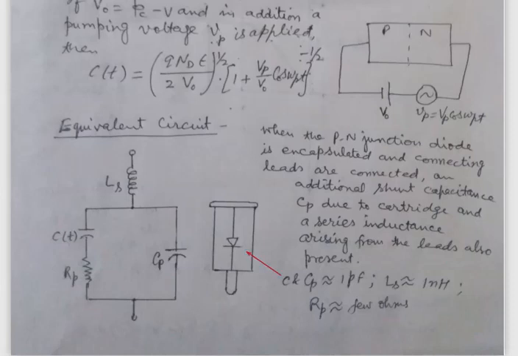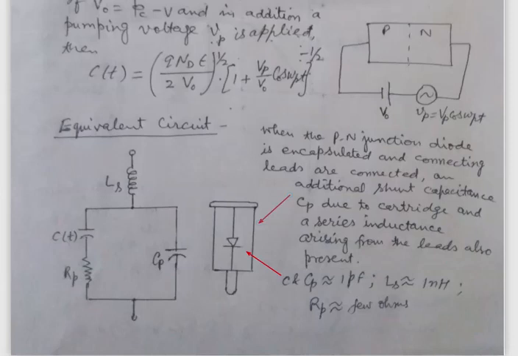So this is the non-linear equivalent circuit of the Varactor diode, when this diode is encapsulated inside this cartridge material. This is the outer cartridge material. So when it is encapsulated, then additional shunt capacitance Cp due to the cartridge material and the resistance of the cartridge material Rp also come in addition to the Ct in the equivalent circuit, and also when the leads are present, the series inductance Ls will also come into account.